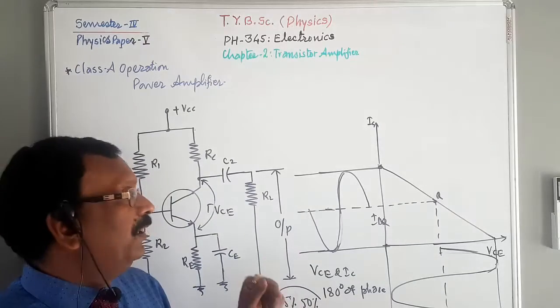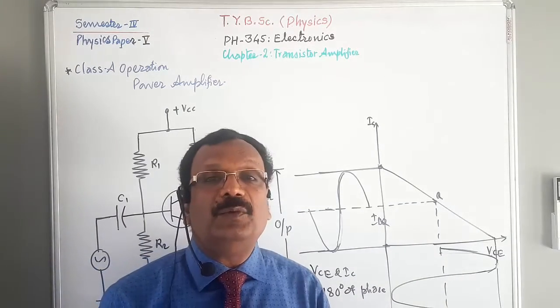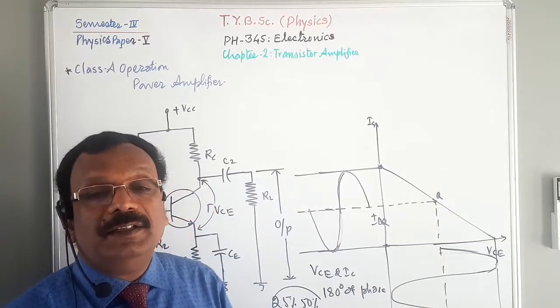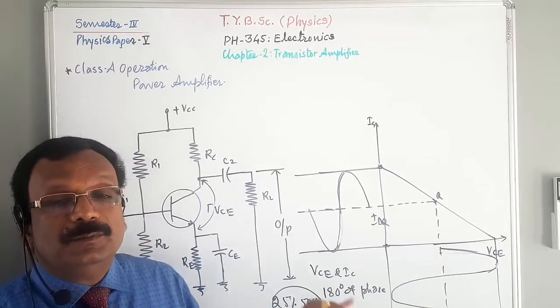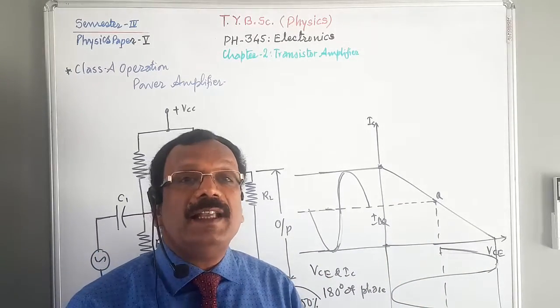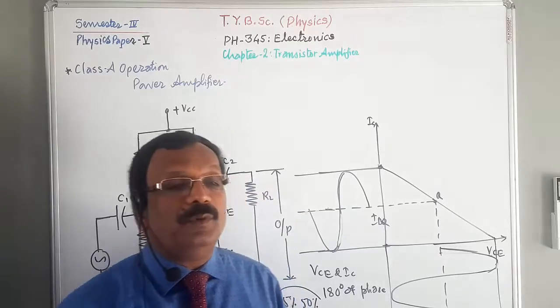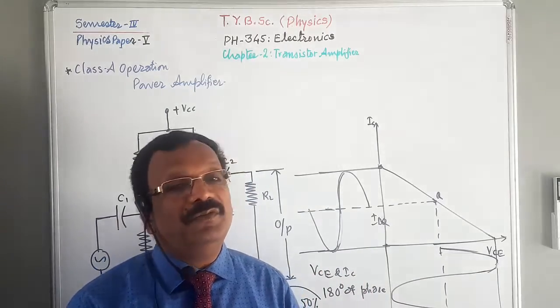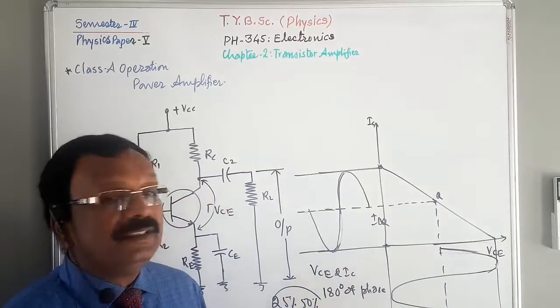Why is it so? Because the transistor remains active all over the signal, both VCE and IC remain high simultaneously, and therefore large power is dissipated in the transistor in the form of heat. That's why the efficiency is low.